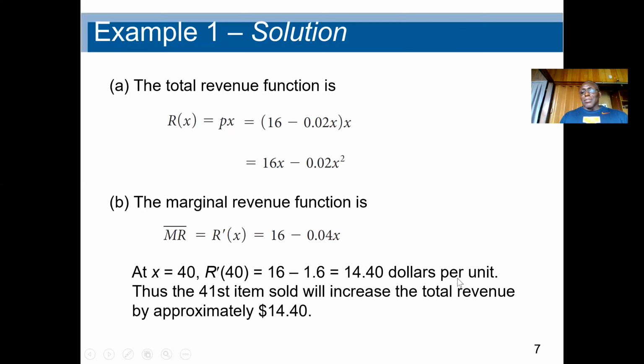So the 40 doesn't mean that we are producing the revenue for the 40 items. It means that after we produce 40 items, the revenue of the next item will be $14.40 per unit. But if I'm looking for the total revenue for all the 40 items, then I'll use the total revenue function.